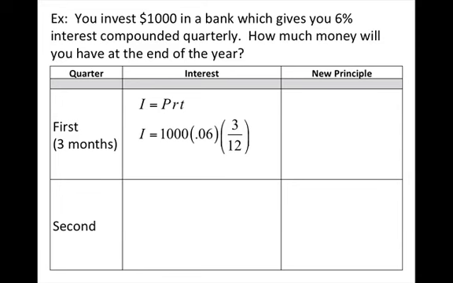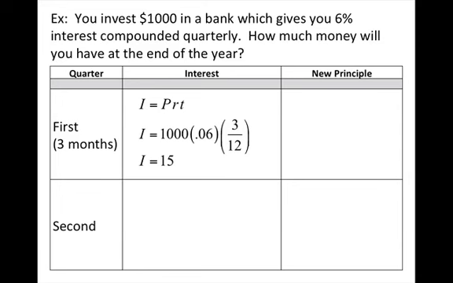So if I multiply this on my calculator, you can do 1,000 times 0.06, and you can either say times 3 divided by 12, or you can enter 3/12 as a fraction. But either way you do this, you get that the interest is $15.